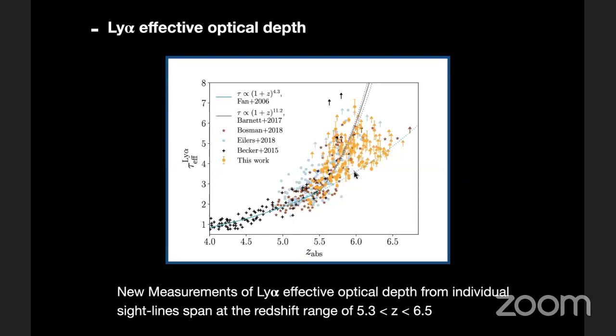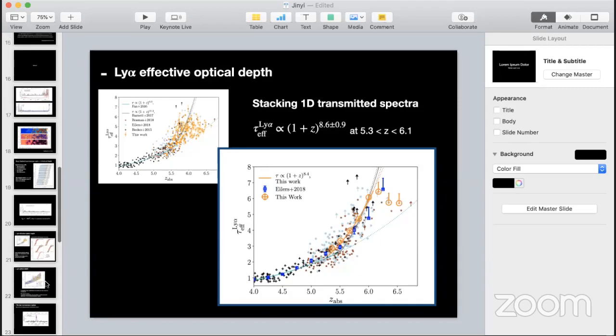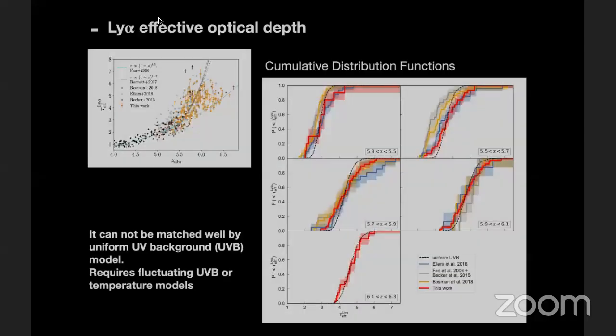But actually, I did some comparison. For example, Eilers 2018 used the PCA model. I can show you this one, which may be more interesting. I compared our result to the distribution of the Lyman alpha effective optical depths from previous studies.